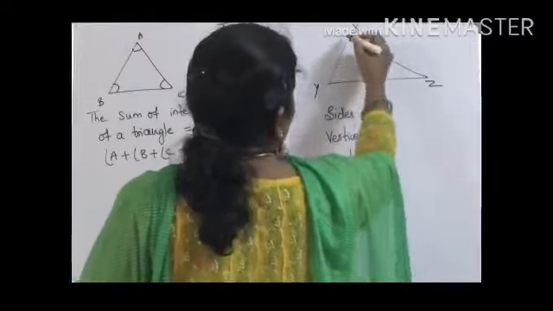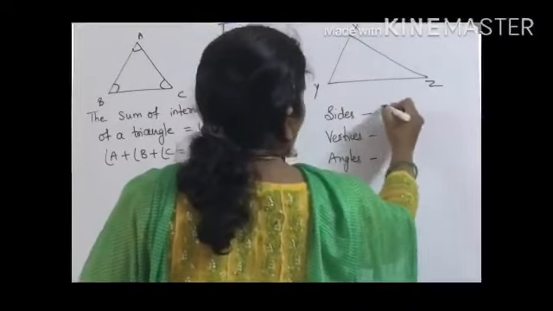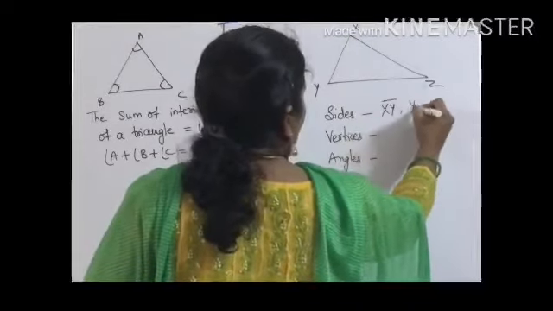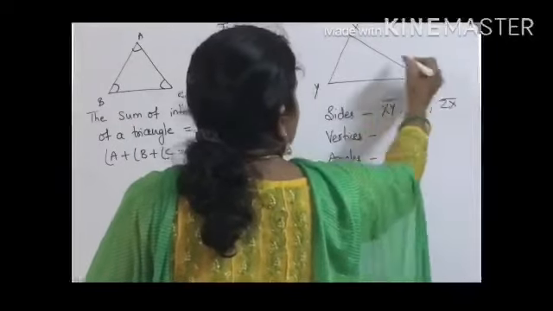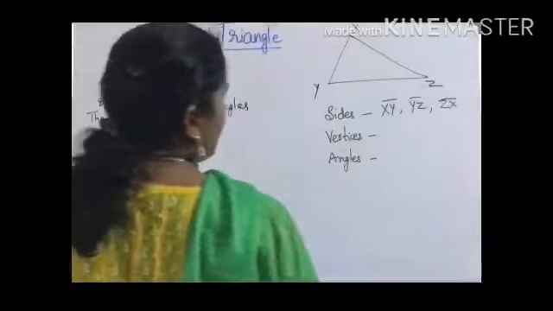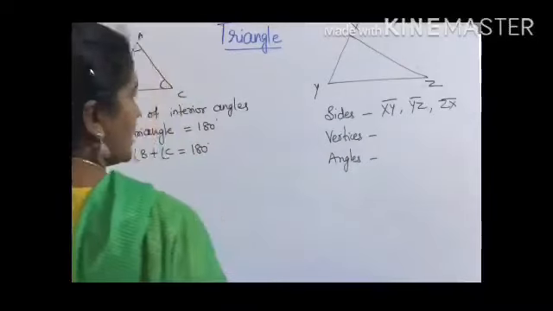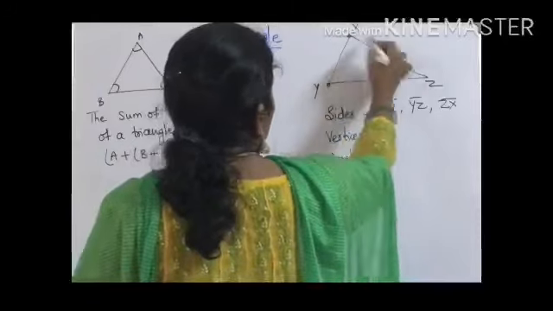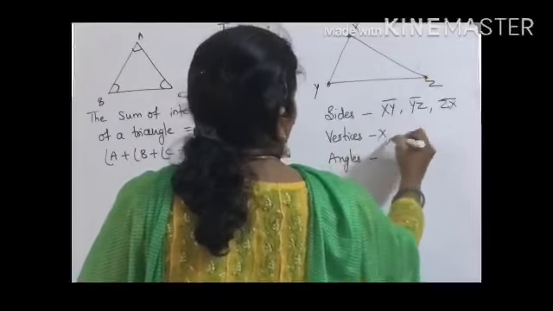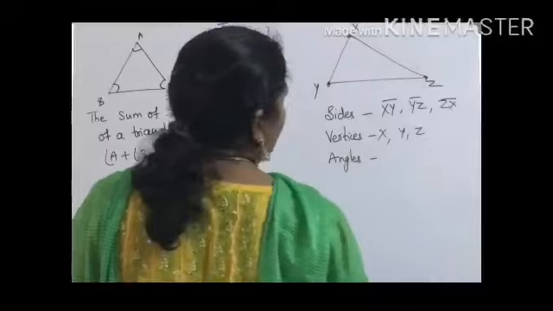The sides are nothing but line segments. Okay, so XY, YZ, ZX are the 3 line segments that are nothing but the sides of a triangle. Next, coming to vertices. Vertices are nothing but these corners. Okay, so X, Y, Z, 3 vertices.